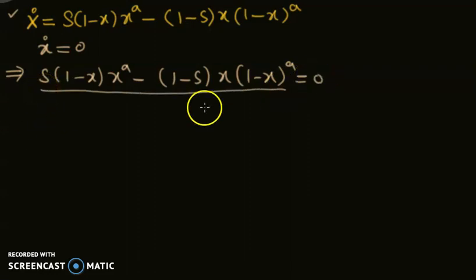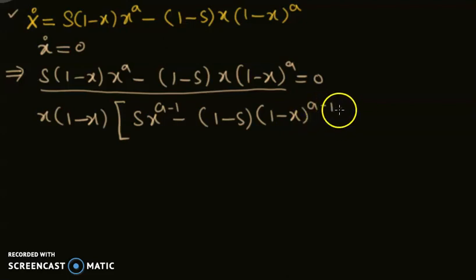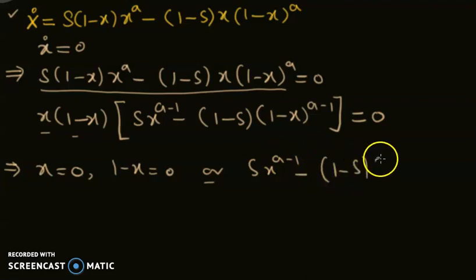I can take x times (1 minus x) as common, and then I'll get s times x to the a minus 1, minus (1 minus s) times (1 minus x) to the a minus 1, that whole equals 0.